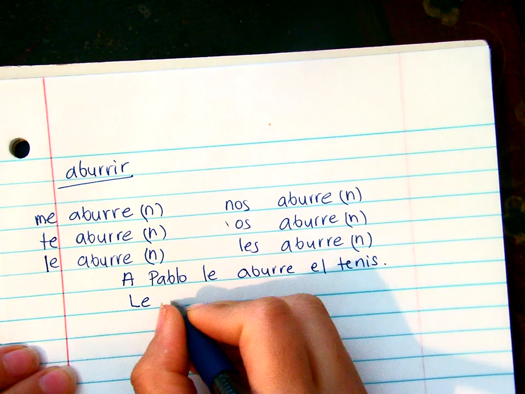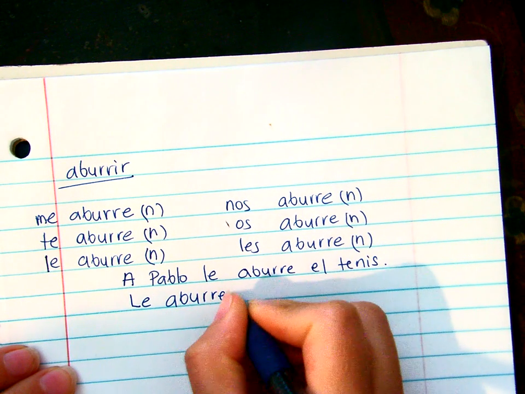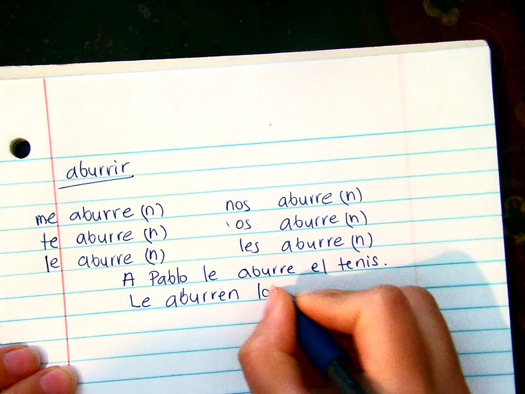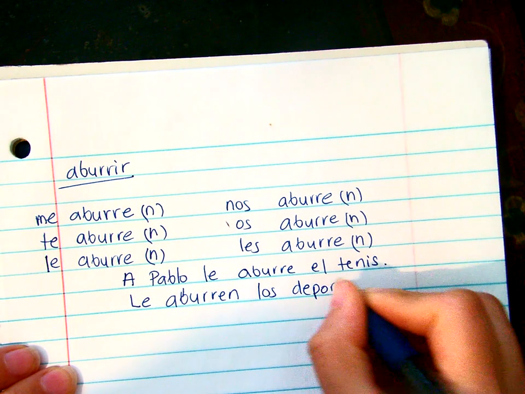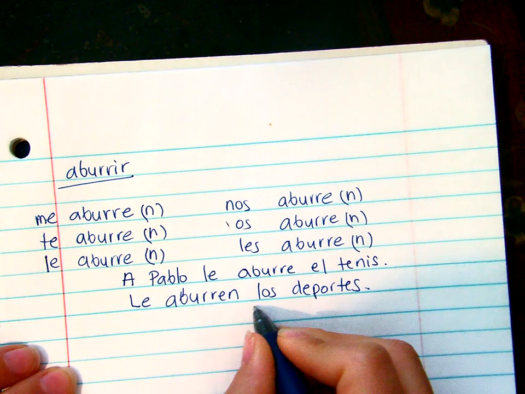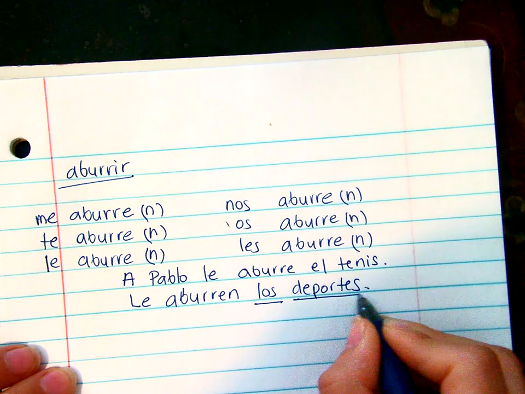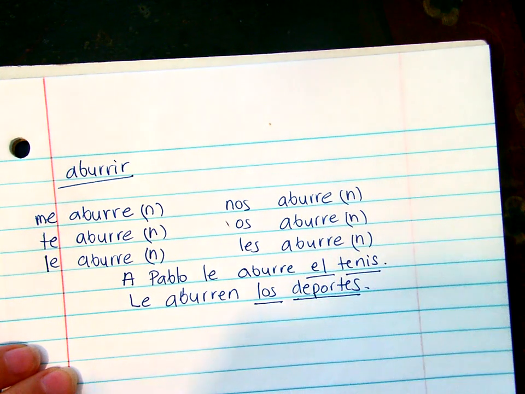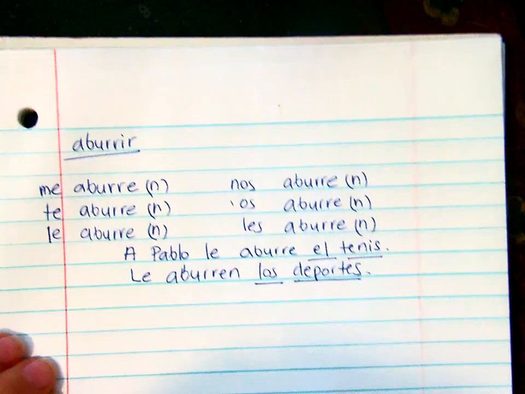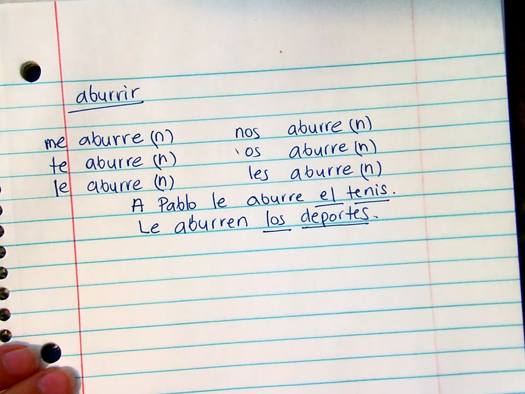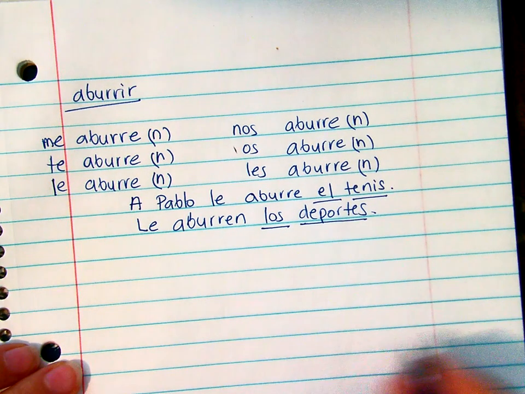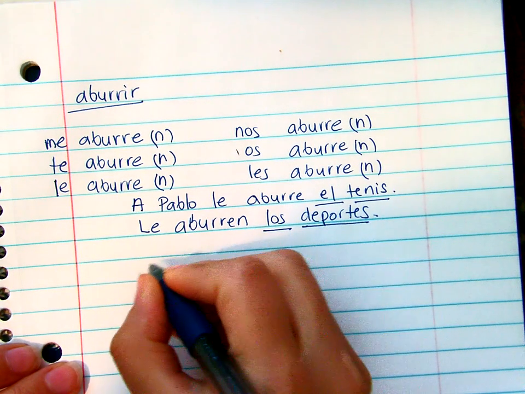Le aburren los deportes. Notice that tenis is singular, los deportes is plural. Le aburren los deportes. So sports don't interest him. Sports are boring to him, right? That's the idea.